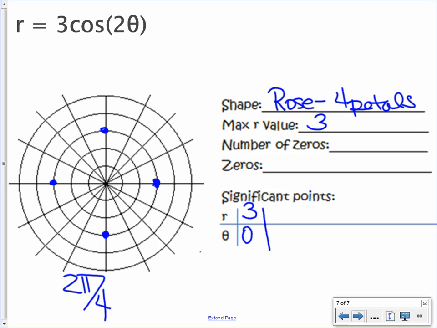Okay. So now let's trace our curve. You tell me how many times we cross the pole. Are you ready? We begin here, correct? How many times do we cross it? So there are 4 zeros that we need to find.